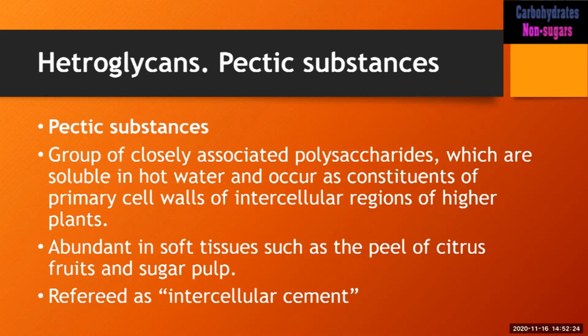They are abundant in soft tissue like the peel of citrus fruit and sugar pulp. They are referred to as intercellular cements, so they act as an intercellular binding material.